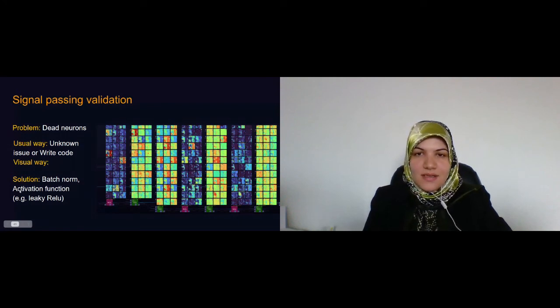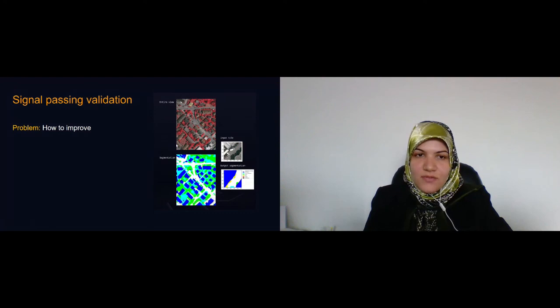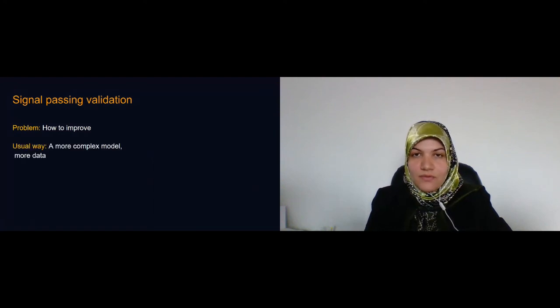And this is another example which is very similar to the previous one. We had a network to segment satellite images, and we wanted to improve the performance of the network. What we would do would be to have a more complex model or to include more data during training.